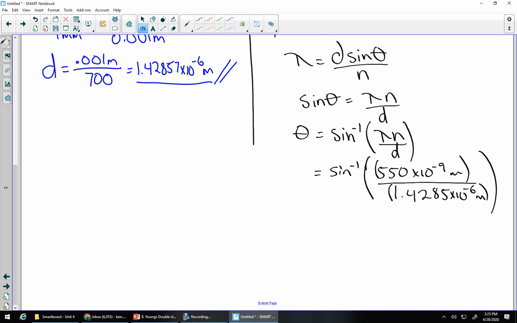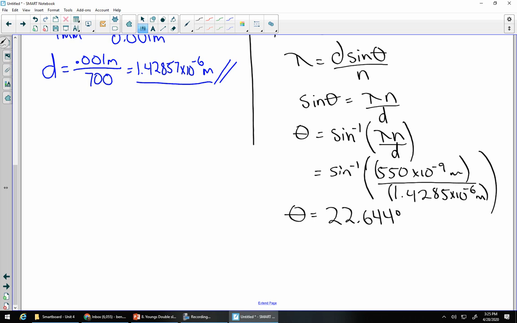Plug that in, and what do you end up with? Don't forget, make sure that you are in degree mode for this. I end up with 22.644 degrees. That's a bit of an issue, because that means we cannot use lambda is equal to xd over nl.